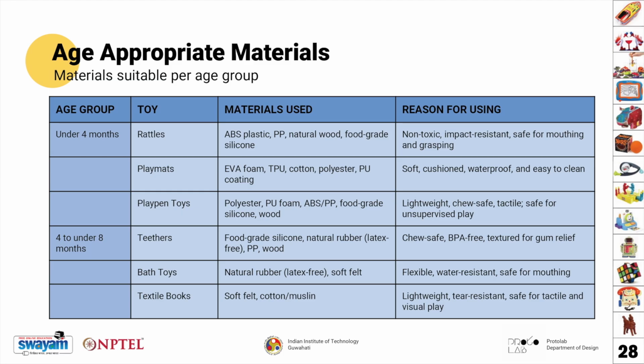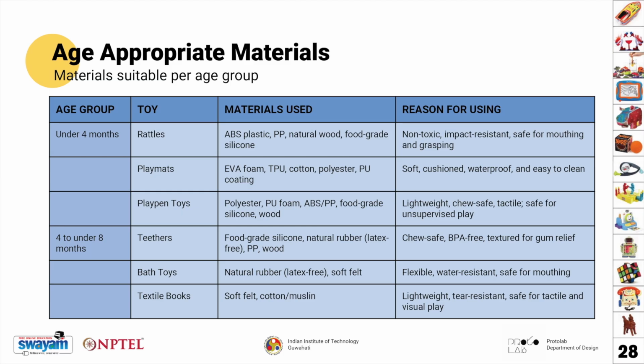Similarly, playpen toys are designed using polyester fabrics, PU foam, ABS or PP plastics, food grade silicone, and sometimes wood. These materials are lightweight, tactile, and chew safe, allowing babies to safely interact with them even during unsupervised play within a secure environment.